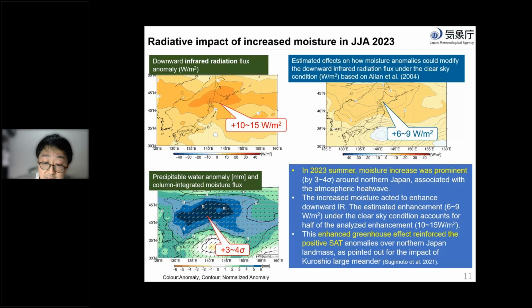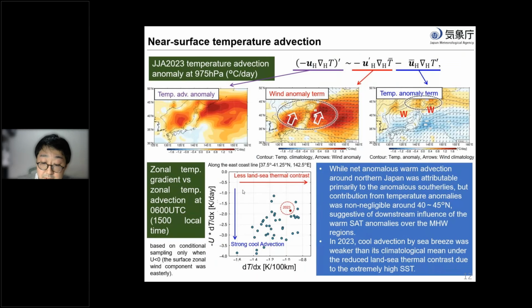So at the last of the result section, this slide shows the near-surface atmospheric temperature advection. The upper three panels show the temperature advection anomalies at the 975 hectopascal level.